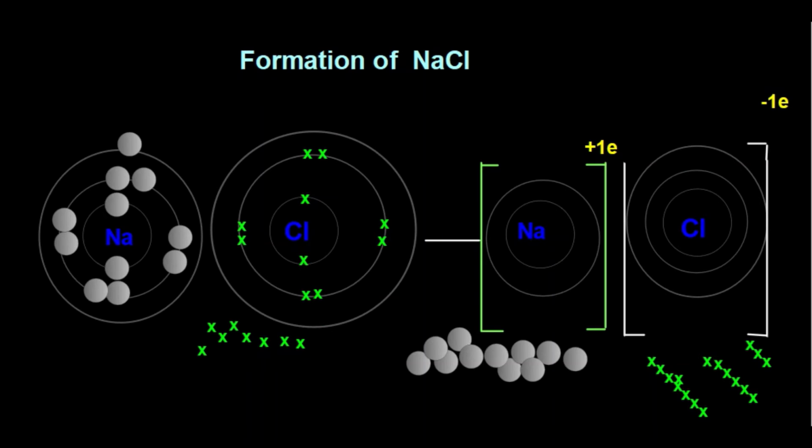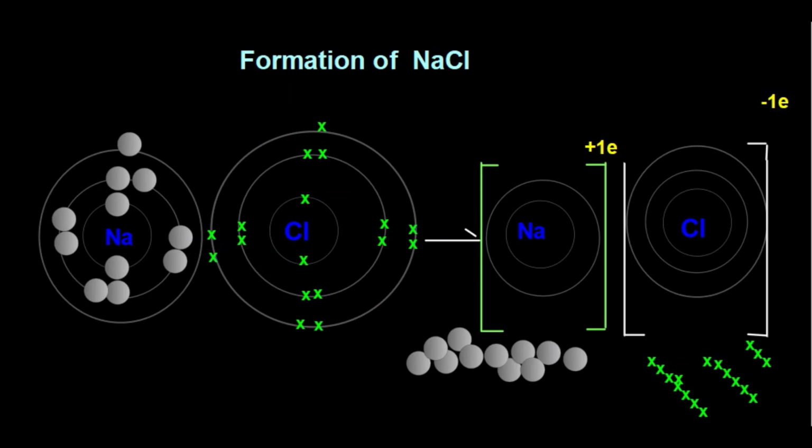In the M shell, which is the valence shell of chlorine, there are 7 electrons. So we write 7 electrons, 1, 2, 3, 4, 5, 6, 7. There are 7 electrons in the M shell of chlorine.